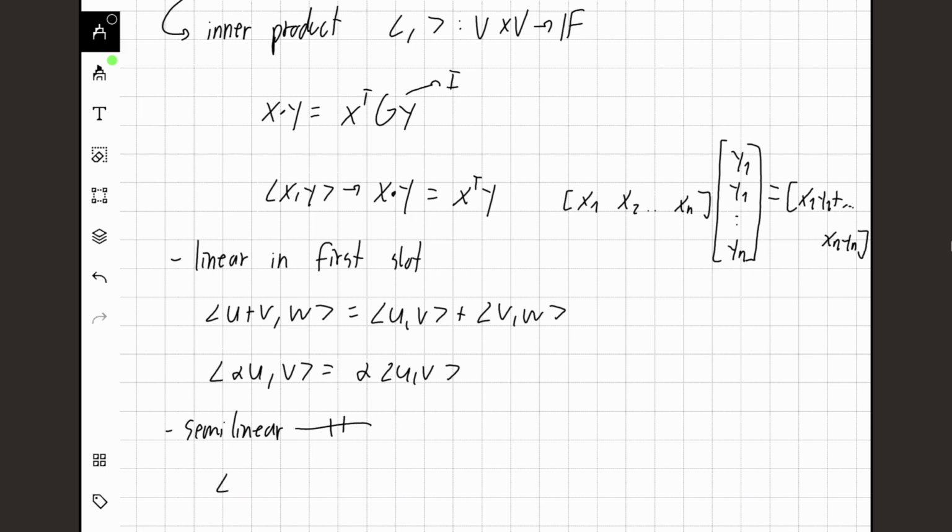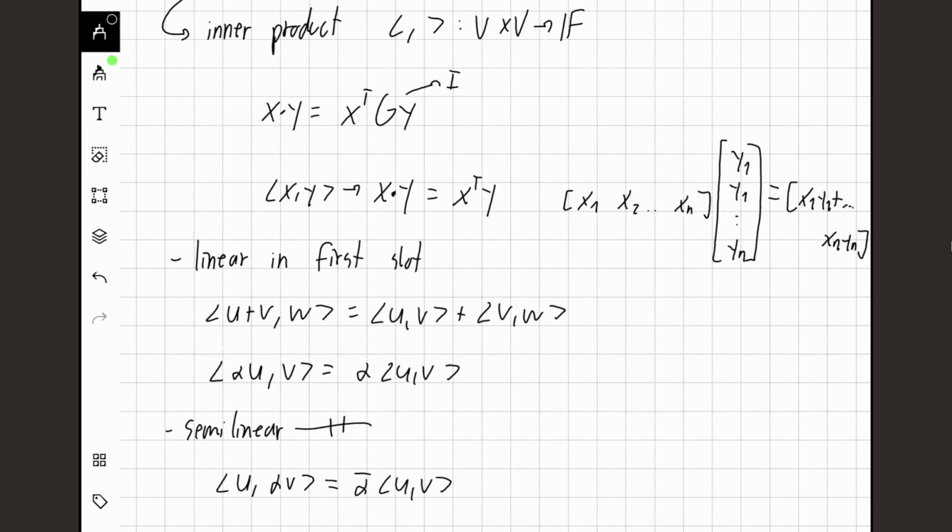The only thing that's a bit special is if you have your inner product between u and alpha v, if you want to take alpha out, you're just going to take the conjugate of alpha. But this is only true if you're over the complex field. If you're over the real field and alpha is a number like 5, then you can just take it out normally. If it's a complex number like 5 plus i, then when you take it out, it's going to become 5 minus i. Those are the rules.